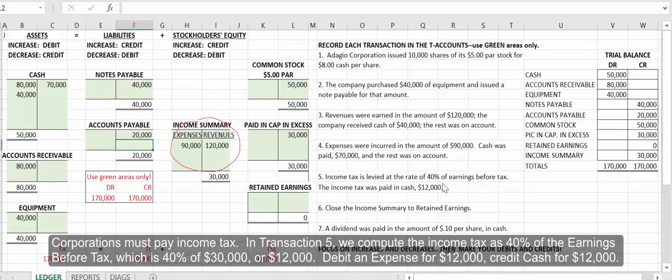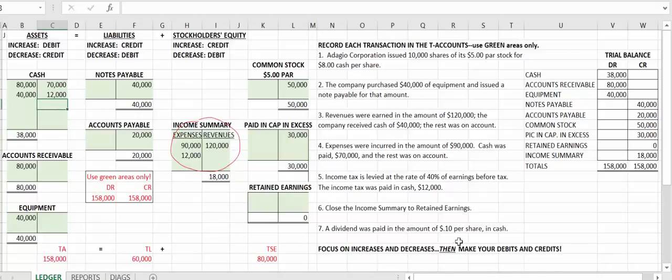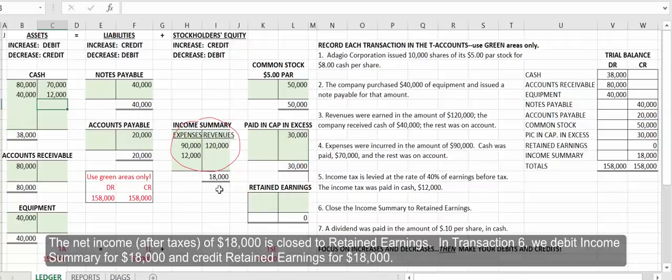That would be 40% of $30,000. So that would be $12,000, and the income tax expense is an expense. So $12,000 here is going to be income tax expense. And that's going to get paid in cash, $12,000. All right. Then notice that our earnings after taxes, which we would call the net income, is actually $18,000.